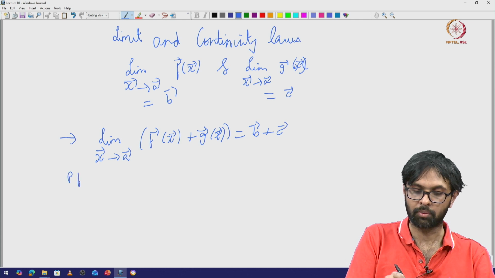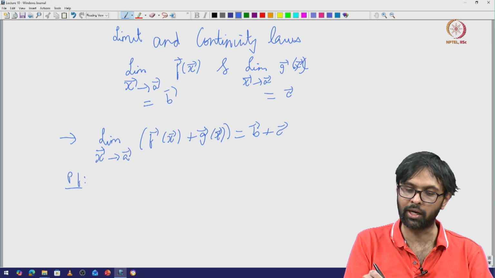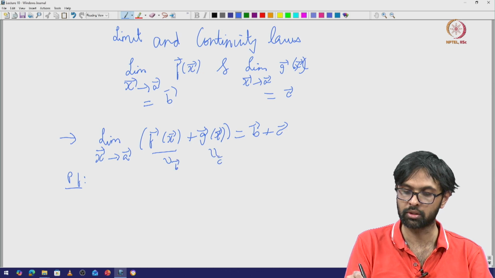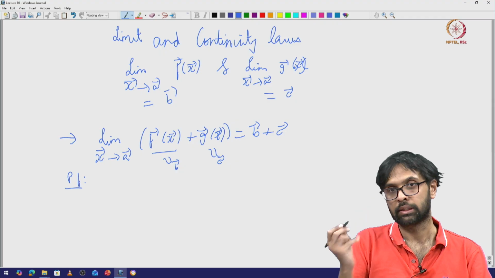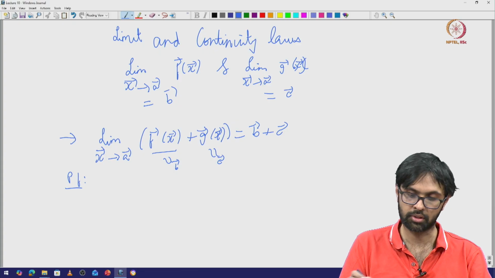So how does one prove such a fact? Well, the rough idea is f of x is approximately equal to b when x is close to a. This is approximately equal to c, so the sum is approximately b plus c, but we need to keep track of the errors in these approximations, so to say.